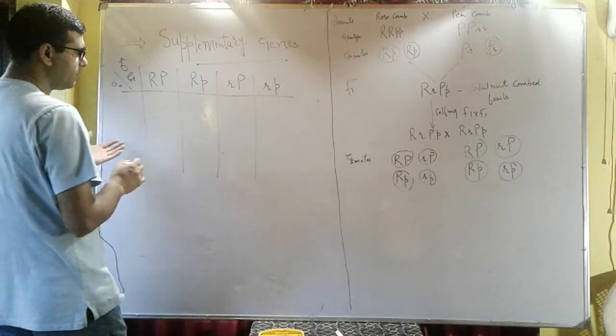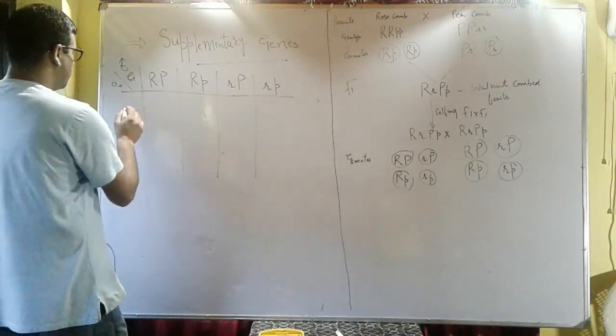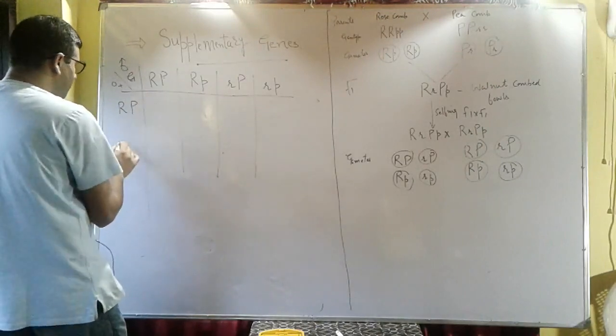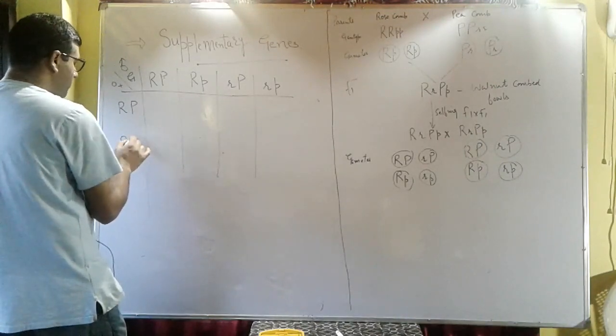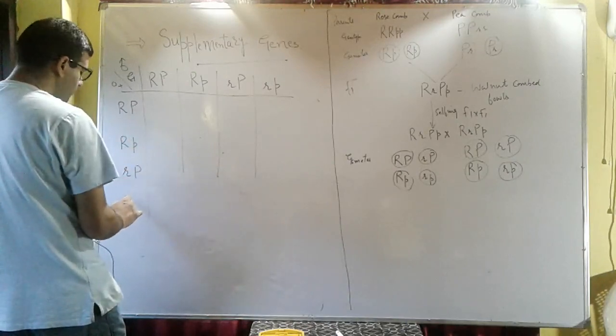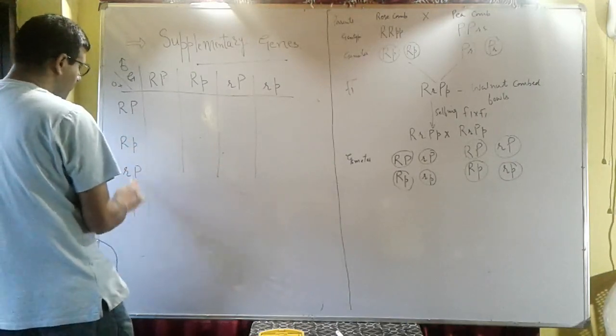So we'll get F2 generation by the fusion of these gametes. Here, female gametes, capital R, capital P, capital R, small p, small r, capital P, small r, small p.